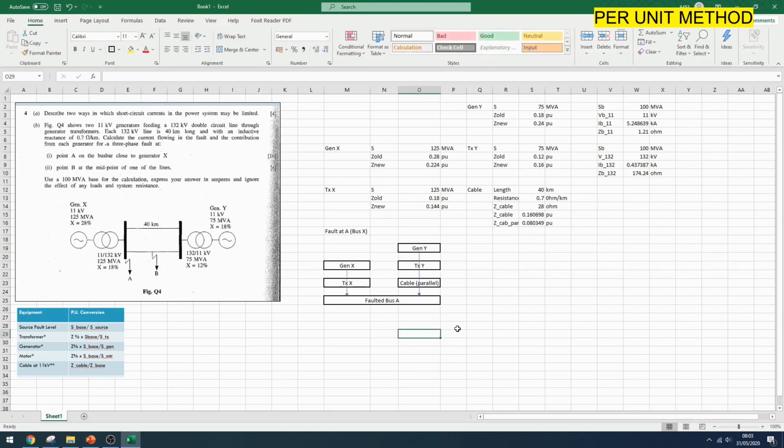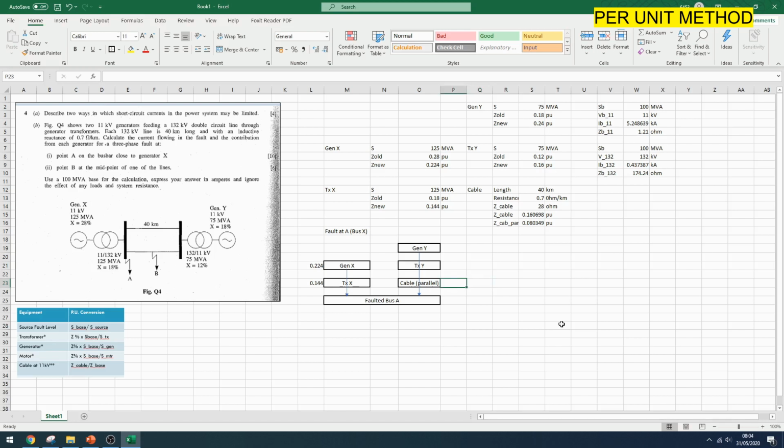So we've calculated the impedances for all of these components. We need to simplify all the components with respect to this faulted bus. In this case we have 0.224 per unit. For the transformer we have 0.144 per unit.